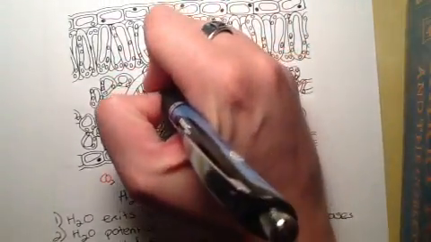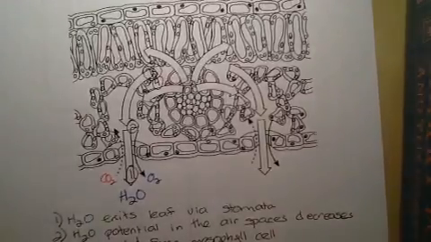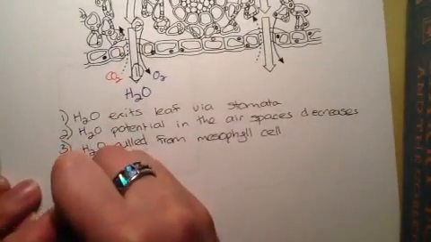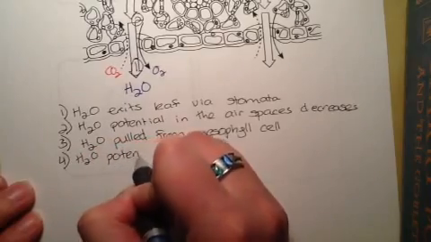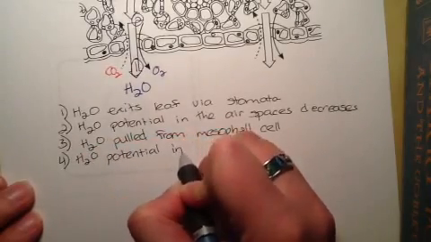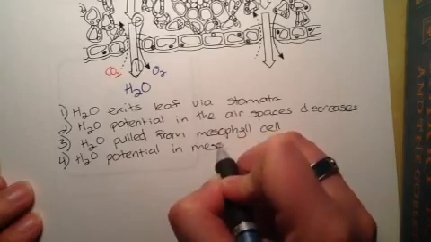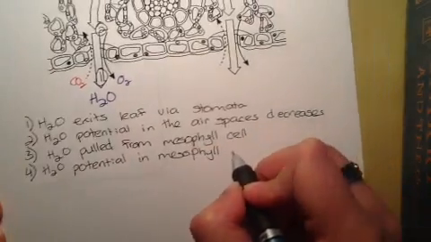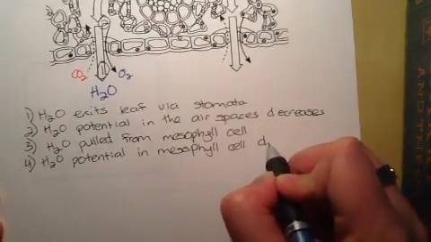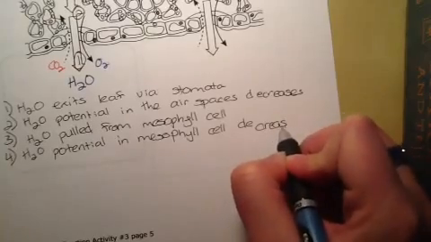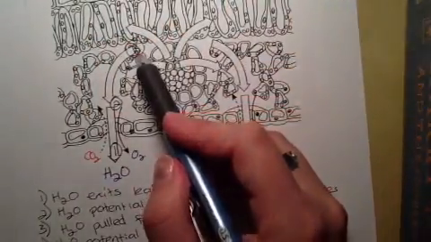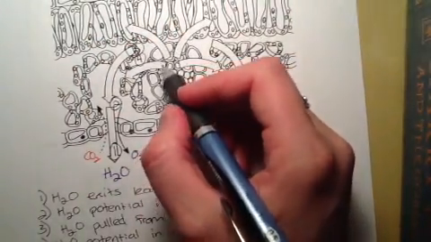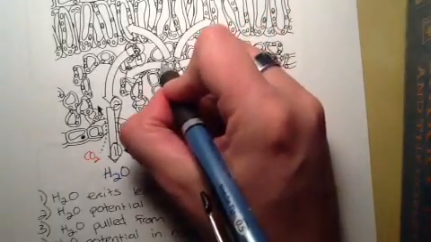Now, 4, right there by my 3. In this case, the water potential in my mesophyll cell has now decreased. So where's water going to want to go? From where it's less concentrated up here in step 4 in the mesophyll cell to where it was more concentrated, which is actually at the top of my xylem.